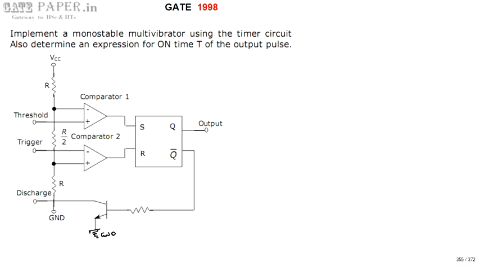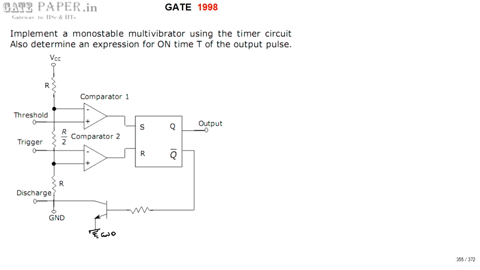A monostable multivibrator has one stable state and one quasi-stable state. The stable state is a permanent state: until you apply a trigger pulse, it won't change its state. The quasi-stable state is also called a temporary state.